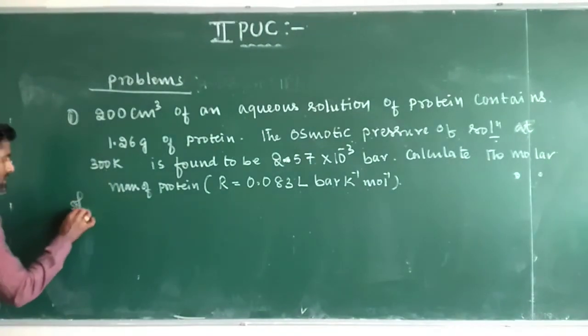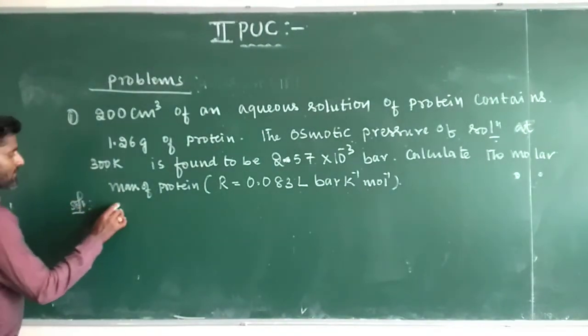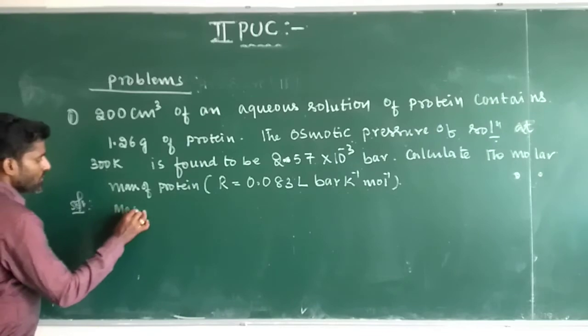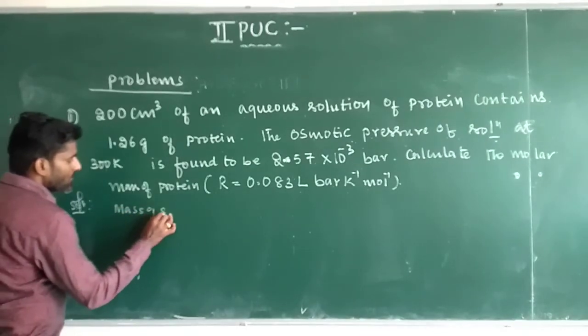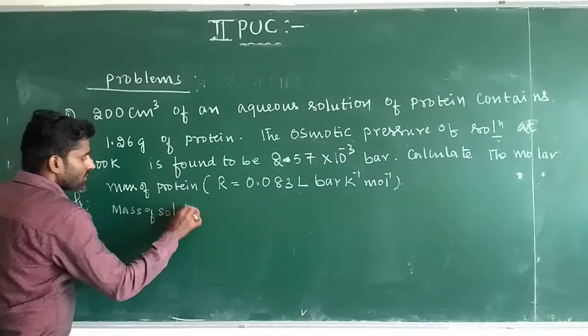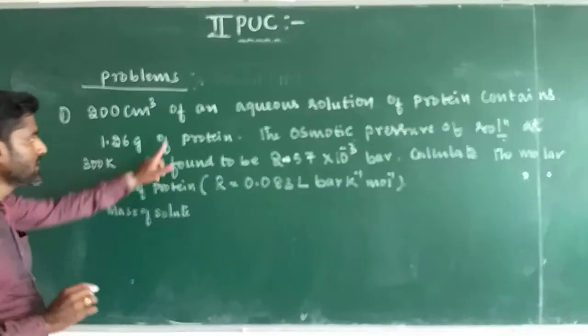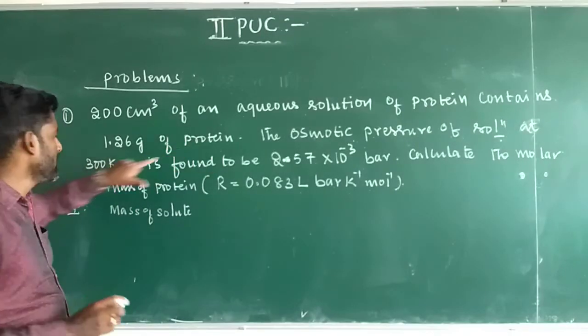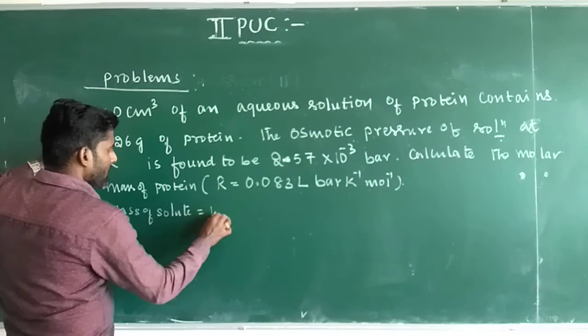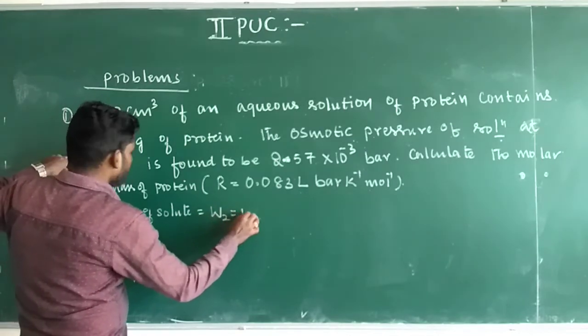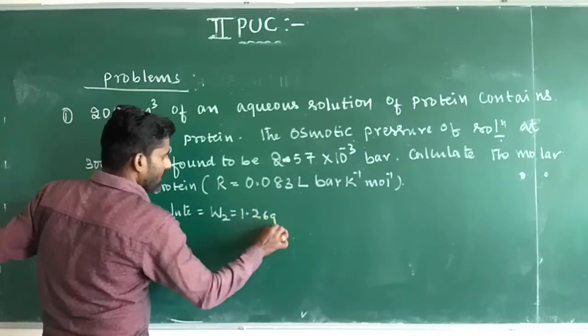So let us write the given data. Mass of solute, the solute is protein, so mass of solute W2 is 1.26 gram.